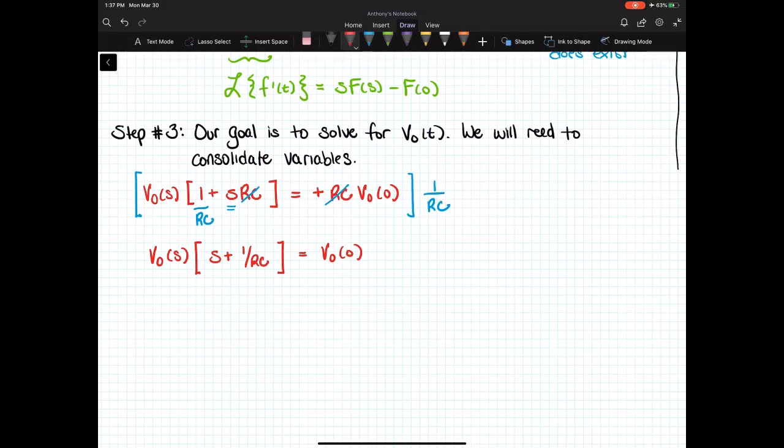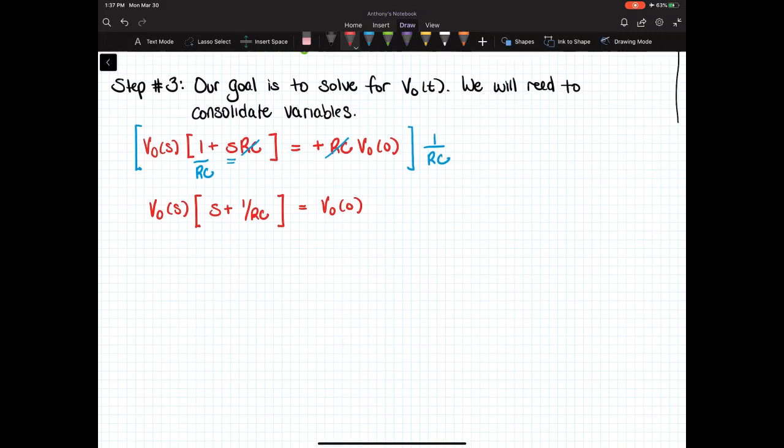Okay, now the last thing that we need to do in order to solve for our V out of S is just move that over to the other side, which will leave us with V out of S equal to V out of 0 times 1 over S plus 1 over RC.